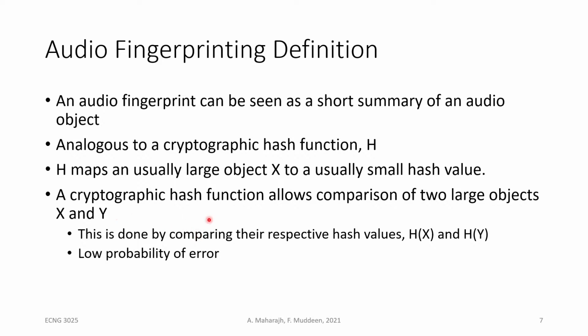Now, any cryptographic hash function will allow some comparison of two large objects X and Y, such that you can have H of X and H of Y being compared to each other. And because it's a cryptographic hash function, the nature of those functions means that when you do the comparison, there's a very low probability of error. Now, when I say low probability of error here, there is an error, yes.